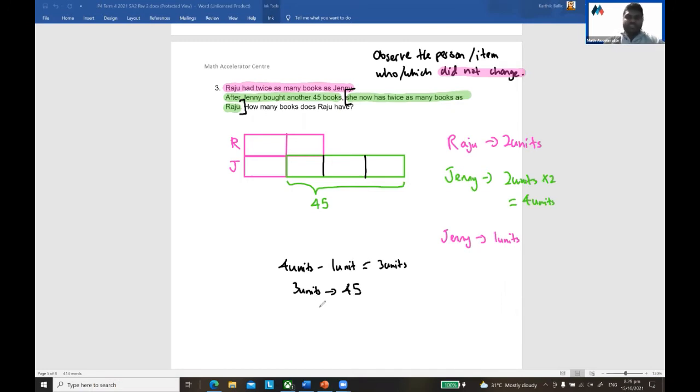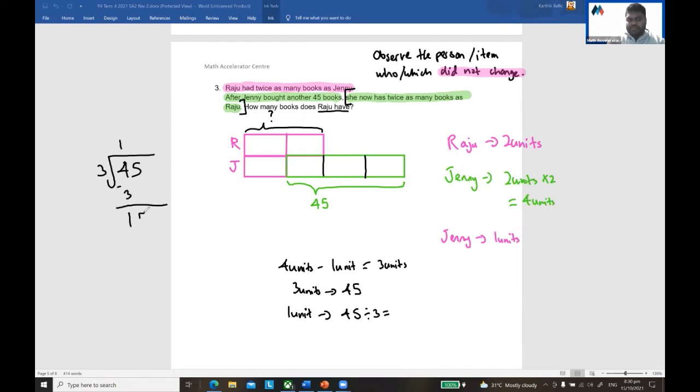So now you know that 3 units is 45, the question becomes a lot easier. How many books does Raju have? Raju at the start 2, at the end also 2 units, right? So go and find for 2 units. So 1 unit will be 45 divided by 3. Go into your working. What is 45 divided by 3? So 1 times 3 is 3.